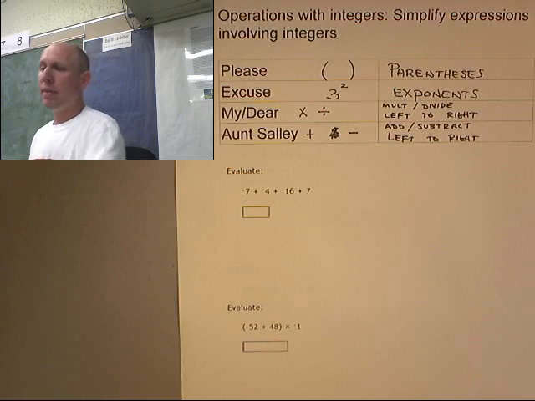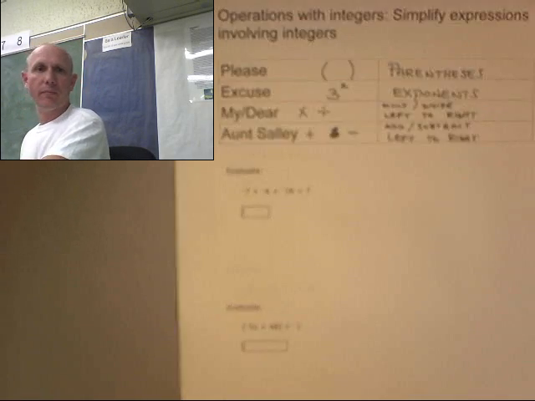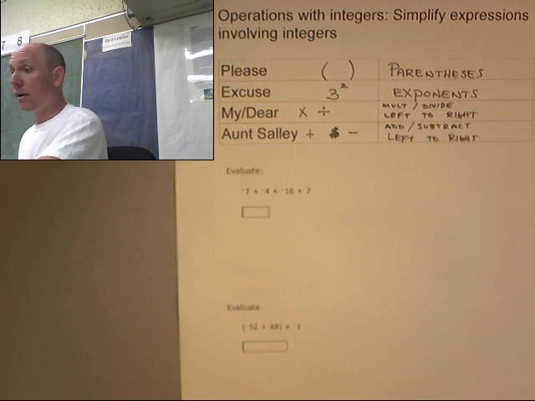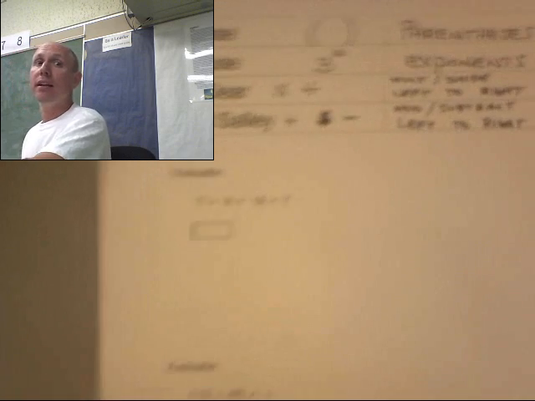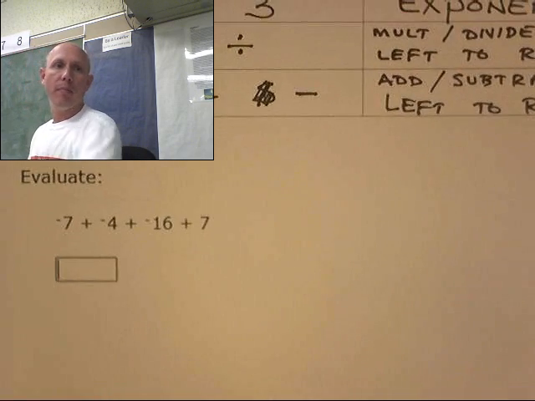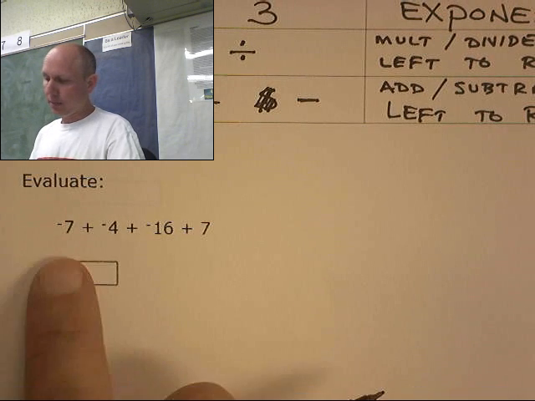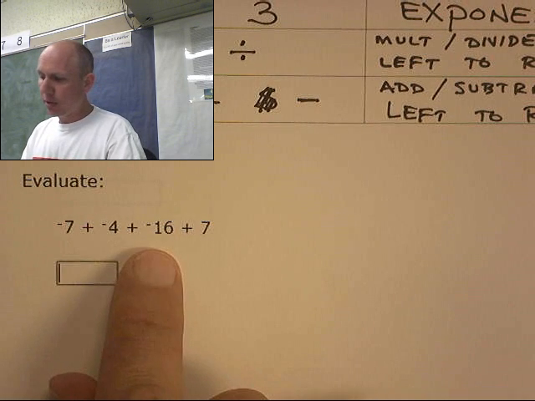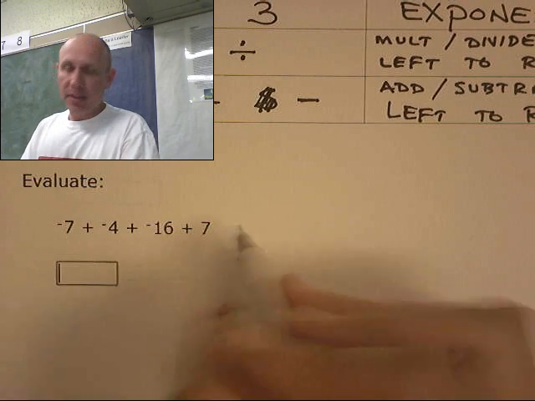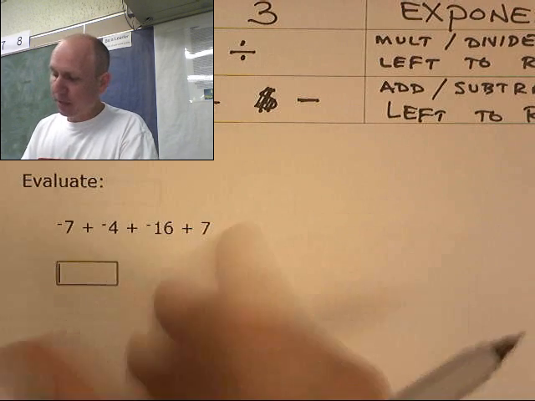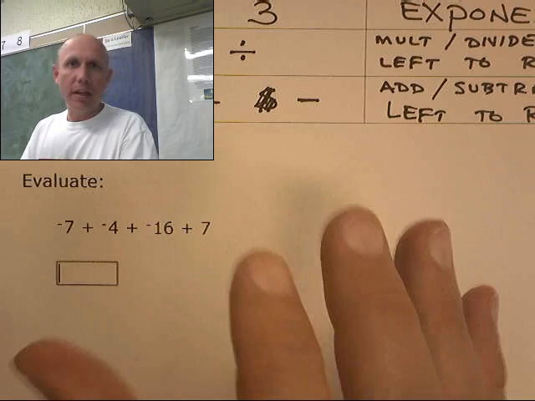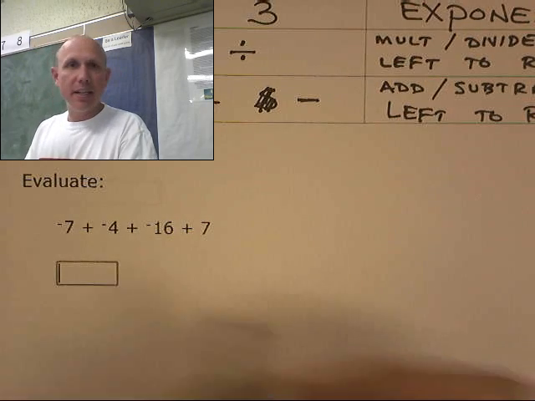Okay, let's do some math. All right, look at this. I have -7, -4, -16. My method, and this is all adding, subtracting type stuff, I'm going to group all the negatives and group all the positives and then do the final math.